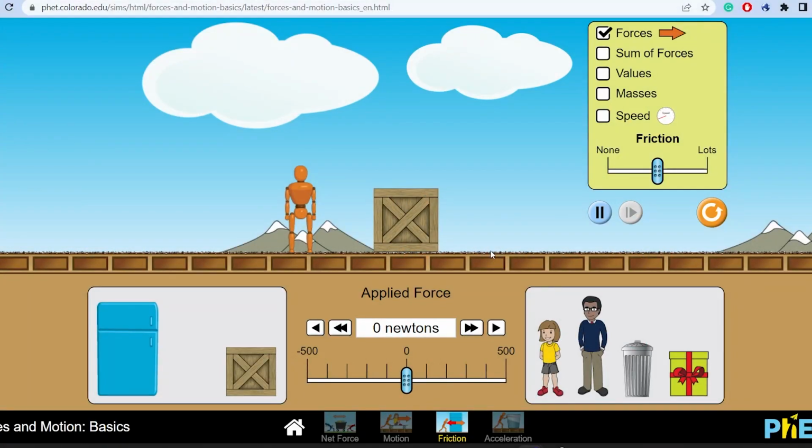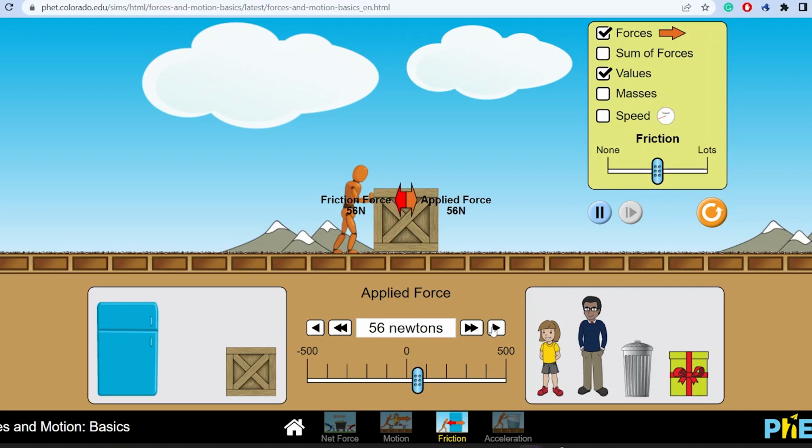Okay, so this is a simulation by PhET Colorado. It's a pretty good simulation, and it should help you understand the concept of static and kinetic friction. So first off, you're going to push with 50 newtons. As you can see, the applied force and the frictional force are both 50 newtons, and this is currently static friction, right?